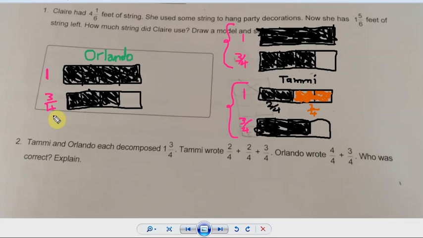So that too is 3/4. Did Orlando shade 1 and 3/4 just like the original question? Yes, he did. Even though it was 4/4 that he did here, it still worked out to be the same as one whole, and then he added the 3/4 to that. So it still worked out to be 1 and 3/4. So who was correct? Both of them were correct.